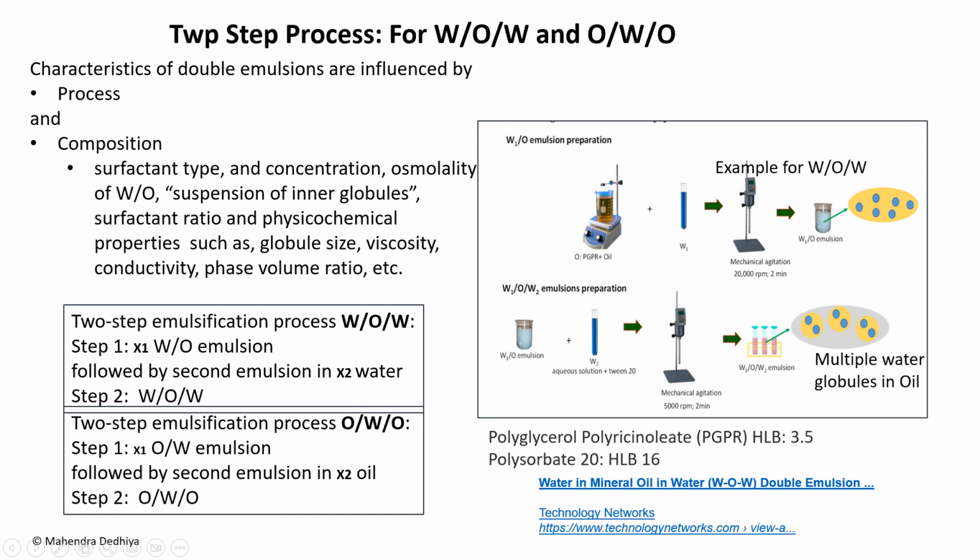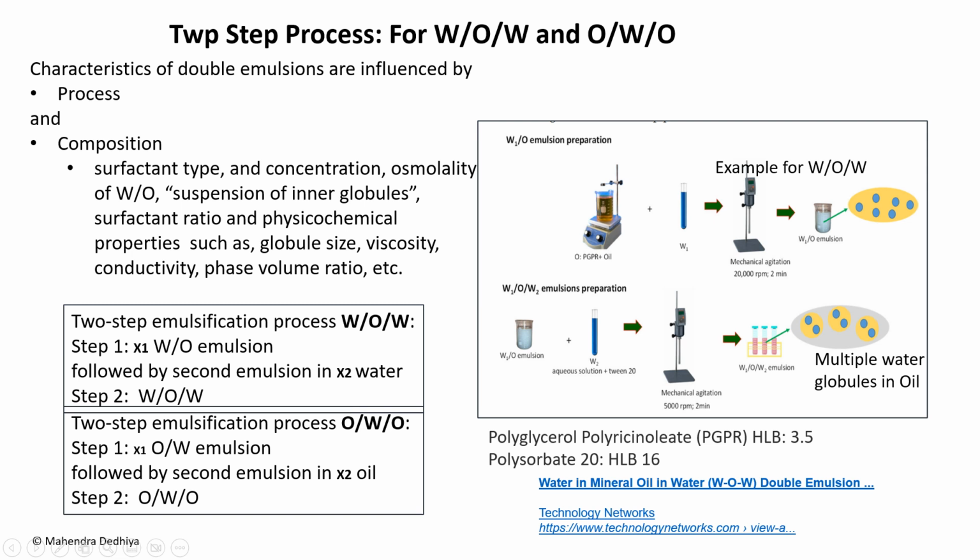In the two-step process, the first emulsion is X1, internal water, into oil. In the figure here, PGPR with an HLB of about 3.5 and oil are dispersed into the inner water phase with high mechanical agitation, and it forms the W1O emulsion as shown here.